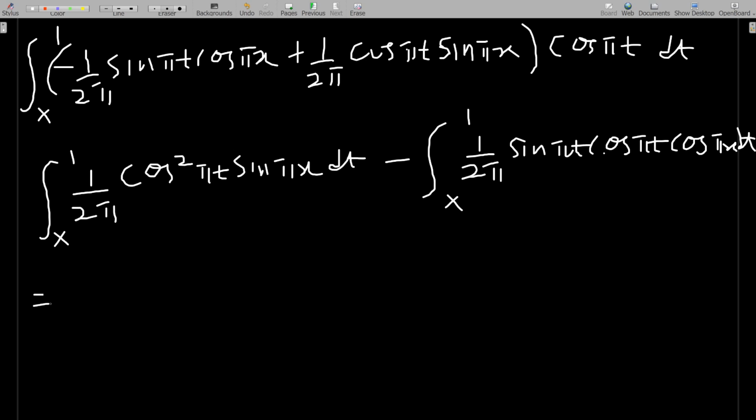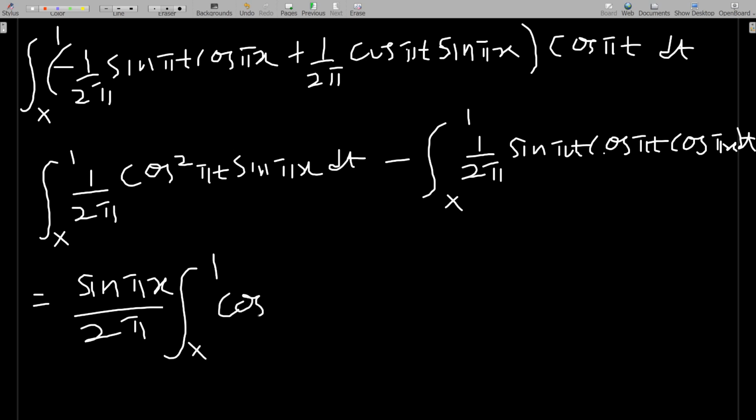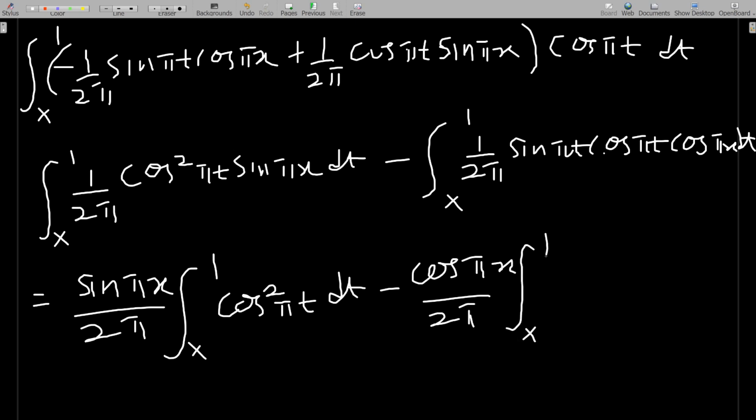So this is equal to, factoring some terms out, sine pi x over 2 pi integral from x to 1 cos squared pi t dt, minus cos pi x over 2 pi integral from x to 1 sine pi t cos pi t.